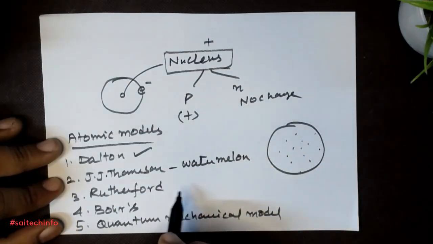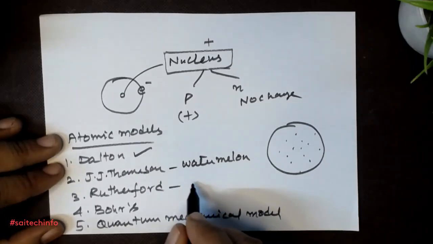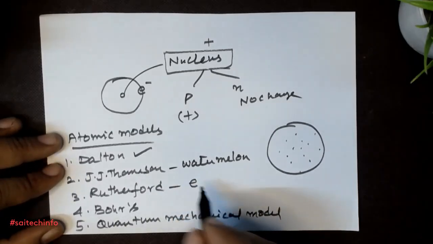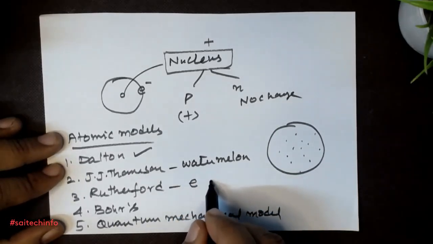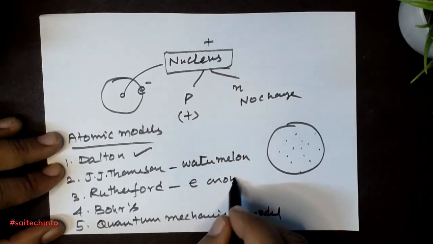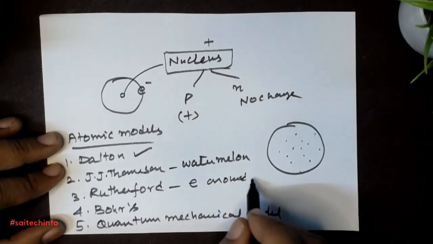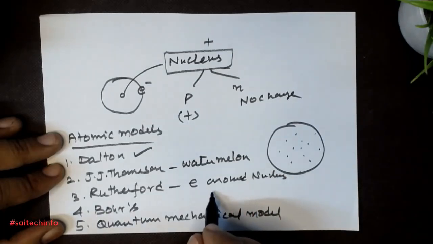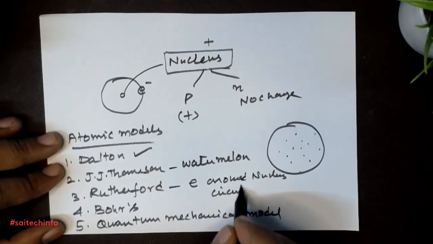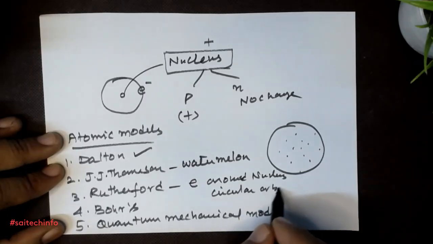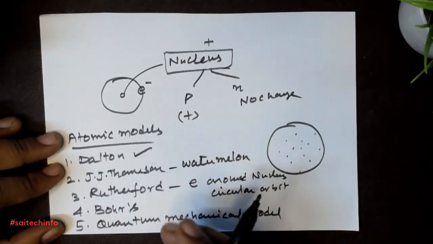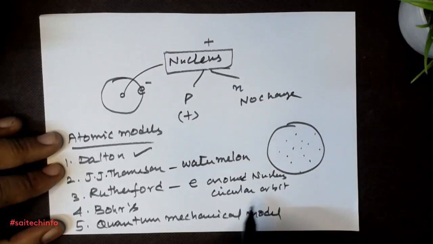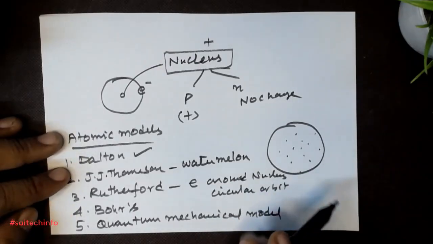But these electrons are revolving around the nucleus in the circular orbit. So this is also rejected.